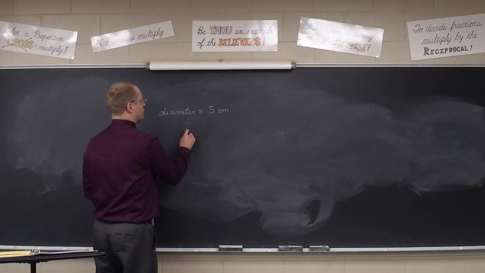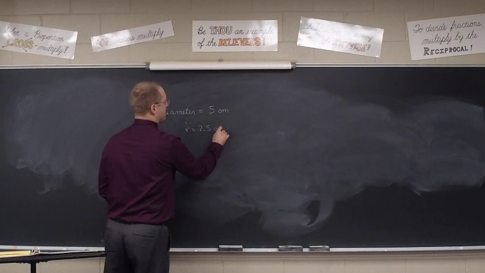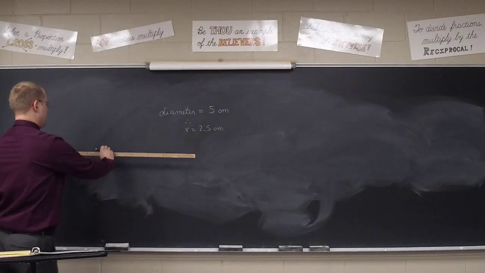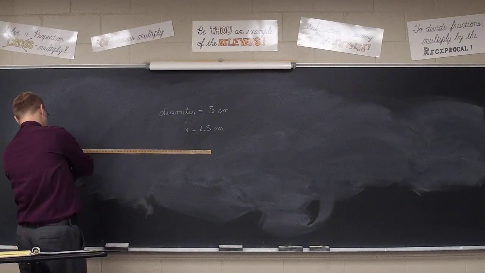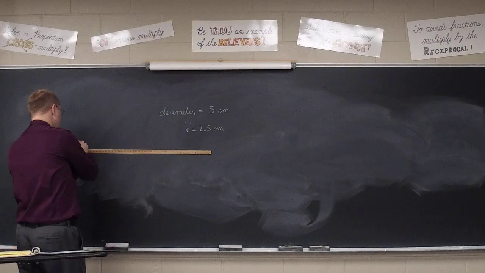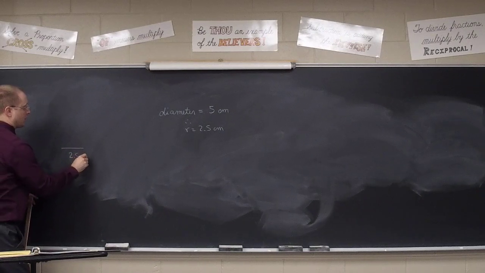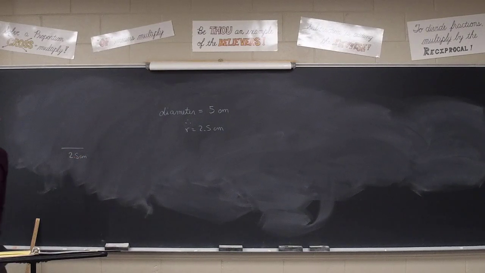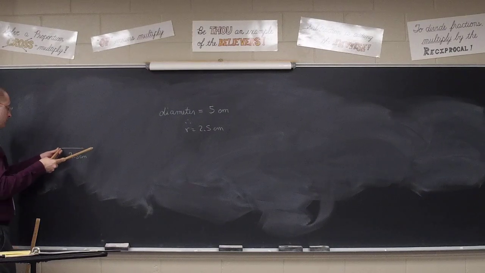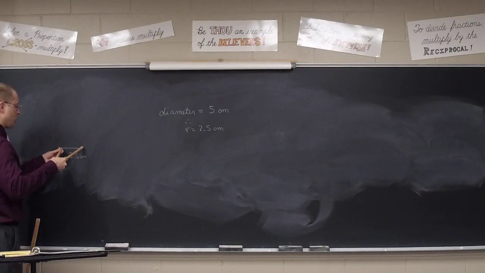Draw a line that is 2.5 centimeters long. So, on your ruler, measure off a 2.5 centimeter line, and then draw your circle.